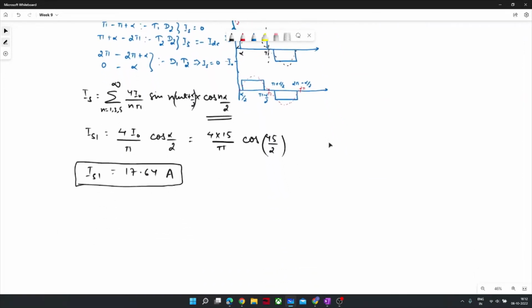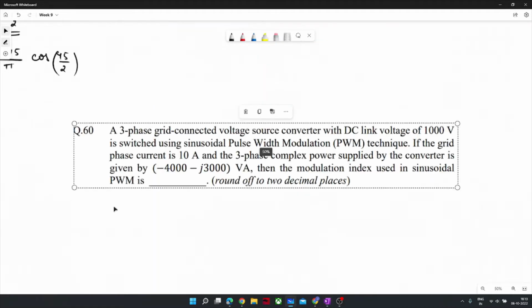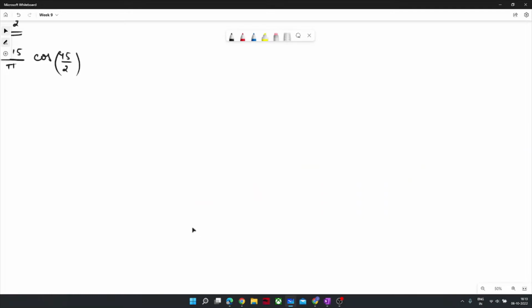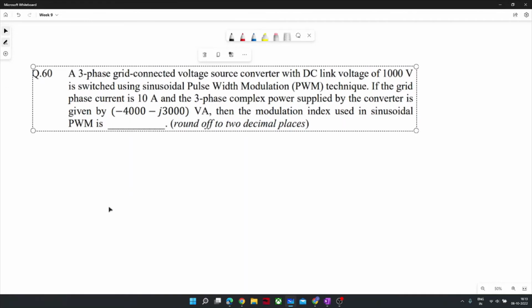This problem is based on sine PWM, and it was also asked this year. This is the problem, you can read here.